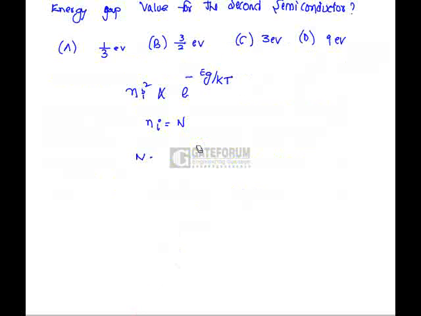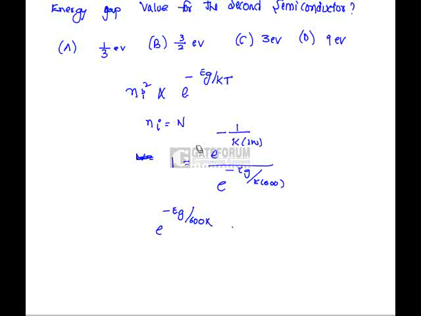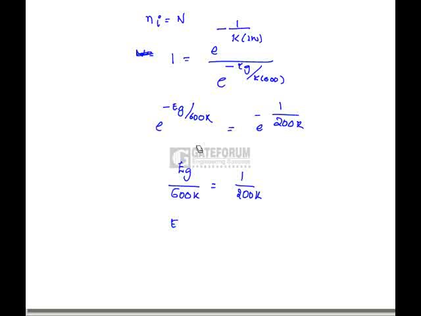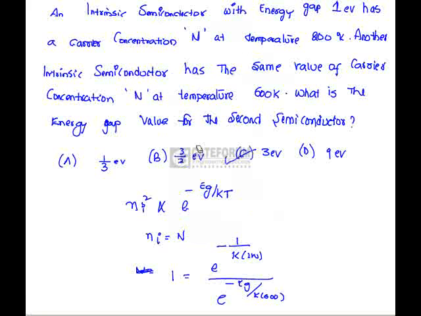So e power minus 1 by k 200 is equal to e power minus Eg by k 600, that is Eg by 600 K equals 1 by 200 K. Here Eg is 3 electron volts. Hence option C is correct.